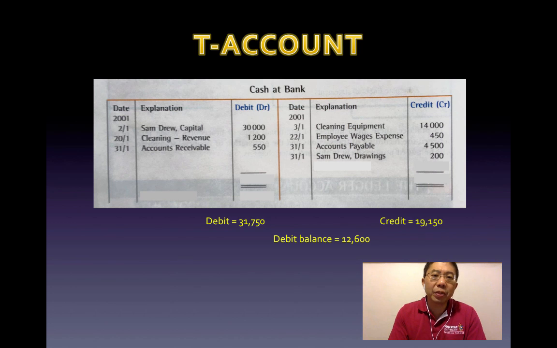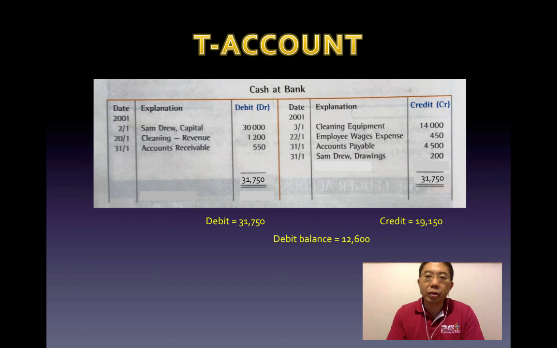So the principle here is that the T account, having both left and right hand side, we have to make sure that both sides balance. So we total up the highest amount, whether it's the debit side or credit side, in the total section. So on the debit side, there will be 31,750.